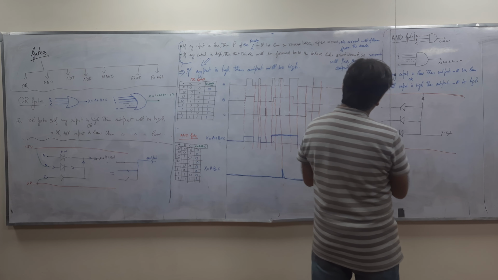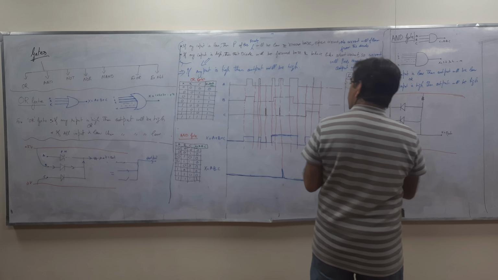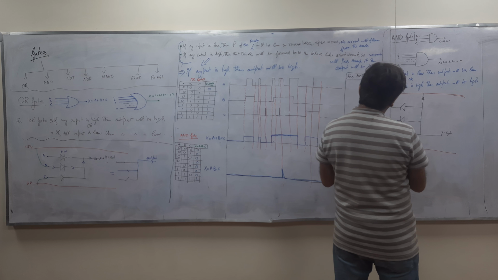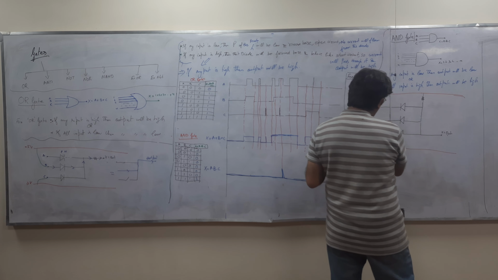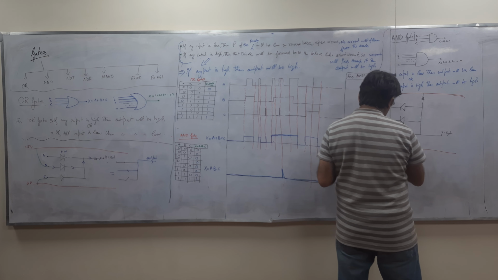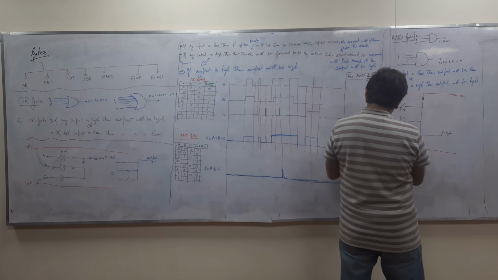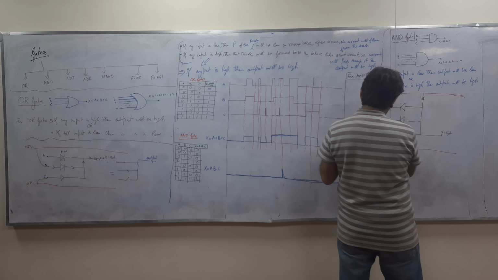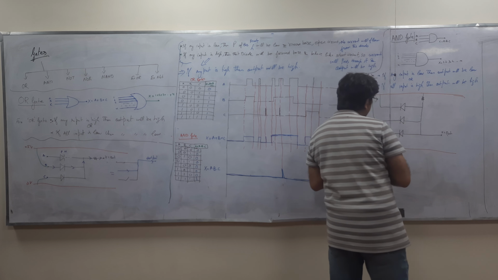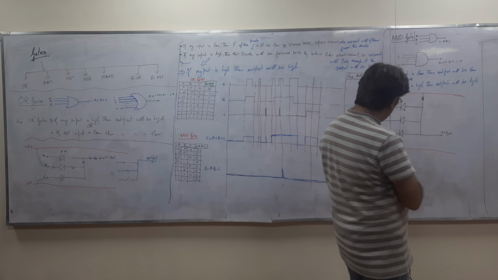This will be the circuit. According to this circuit, if any input is low, for example, this is low and this is high and this is high, then what will happen?